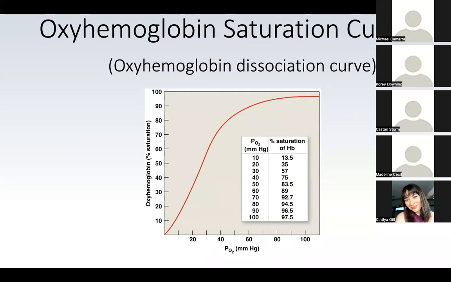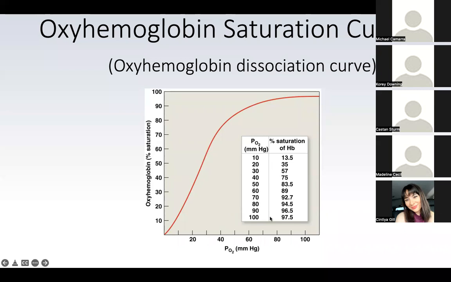It looks like an S, and so you'll see here towards the right side of the graph, you've got a plateau. There's going to be a steep curve towards the left side of the graph, representing the easiness of that second, third, and fourth iron ion in binding oxygen.